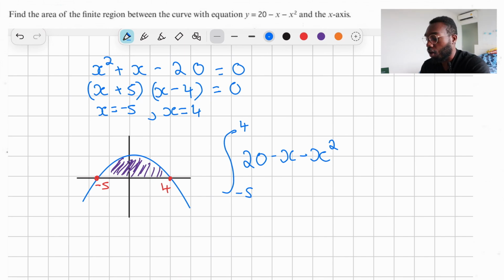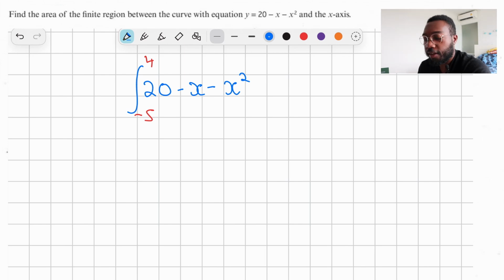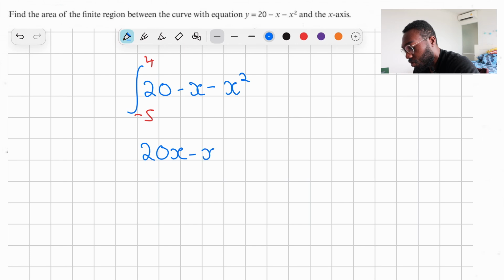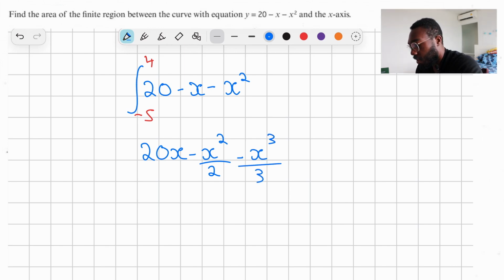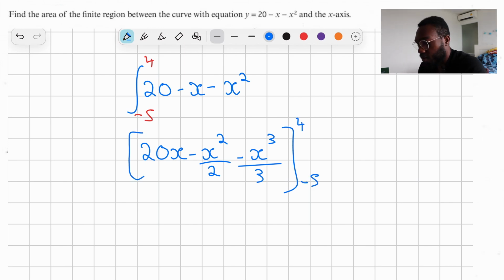We can just integrate and put in our limits. So if we integrate this, what do we get? Well, we would get 20x minus x squared over 2 minus x to the power of 3 over 3. And then we can now just put in our limits of 4 and minus 5.